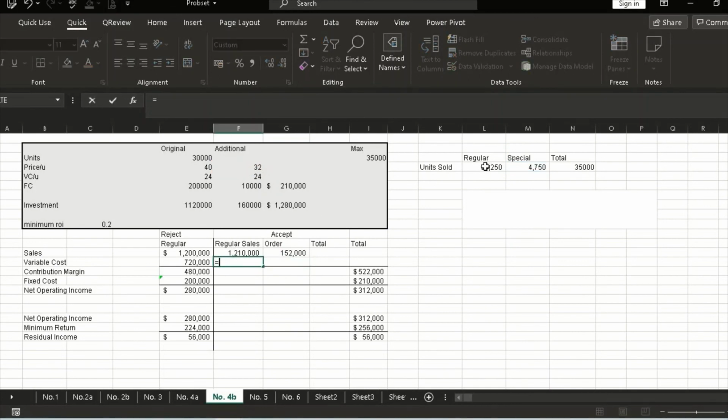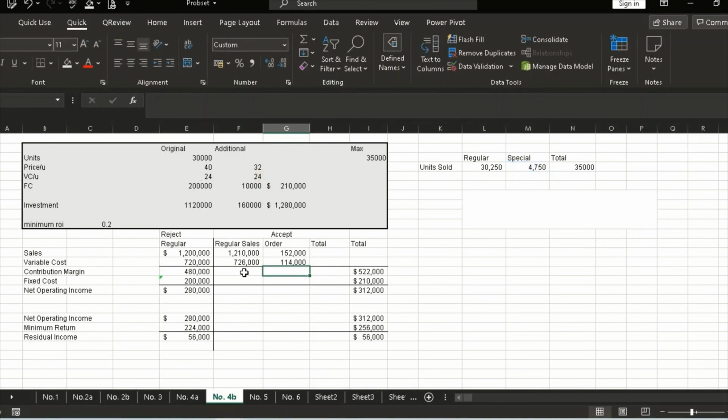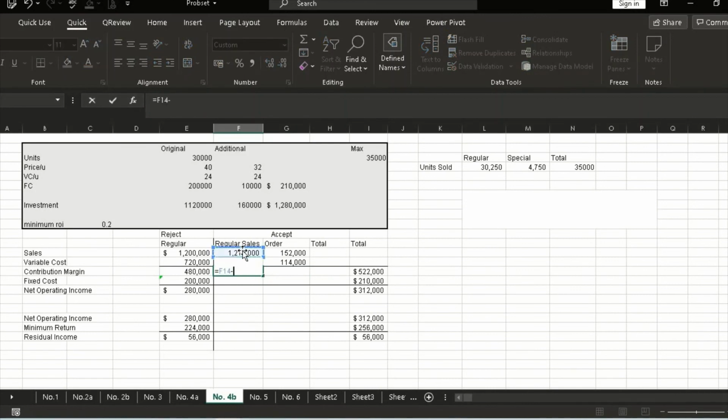Then we're going to multiply again the figures corresponding to the units sold to the variable cost per unit. We're going to deduct the variable cost from the sales to arrive at the contribution margin.